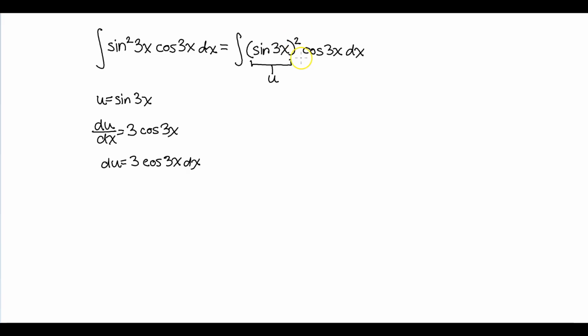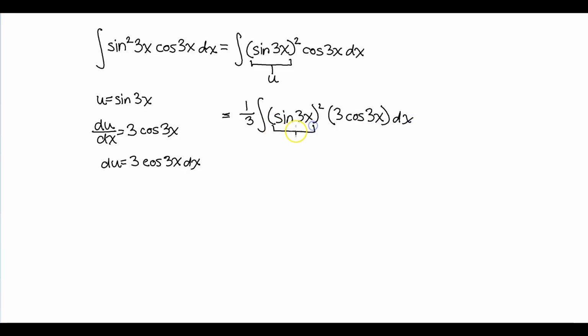Now we have cosine of 3x times dx, but we just need a 3. But as we have done countless times before, we can simply introduce a 3. Okay? So we have sine 3x squared times 3 cosine 3x dx.